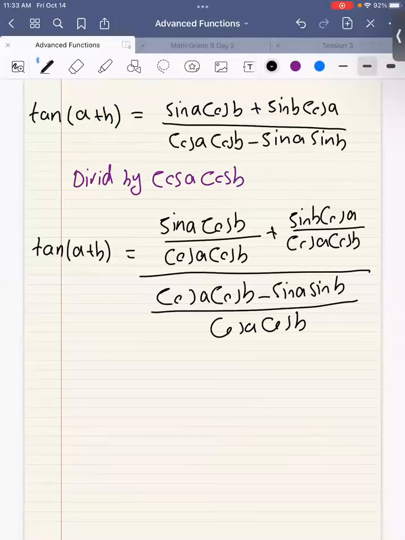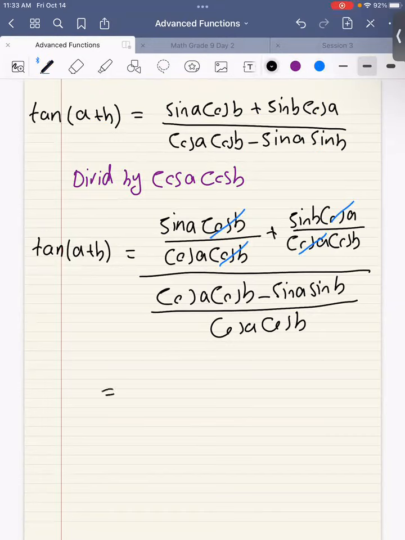No, it's not, because now you can simplify. So first of all, for the first, the cosines cancel out each other. This cancels out with this, and also cosine A cancels out with this. So on the top, you get what?